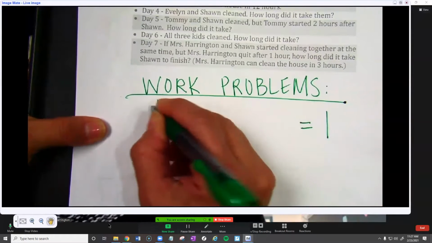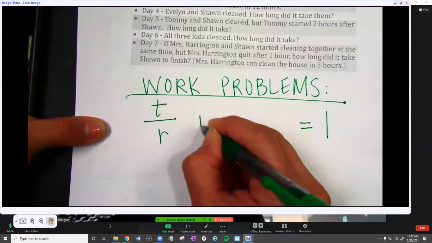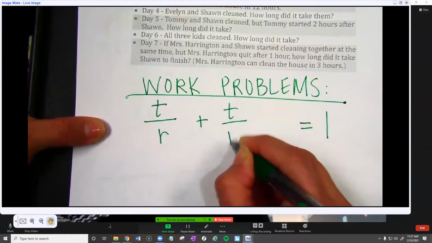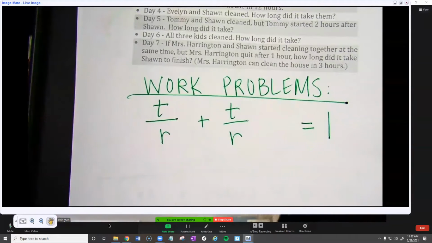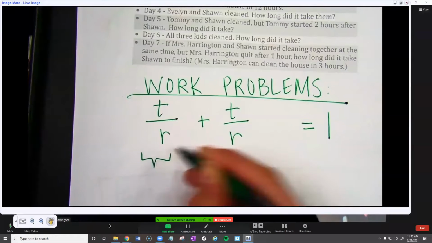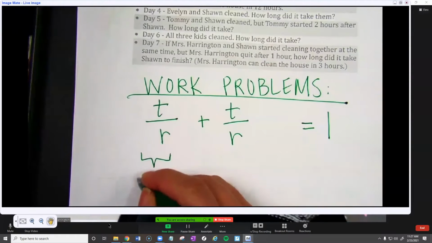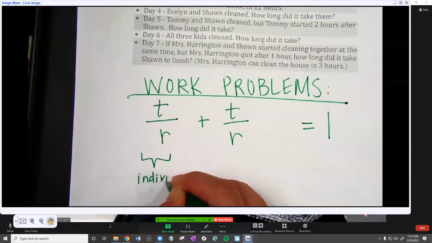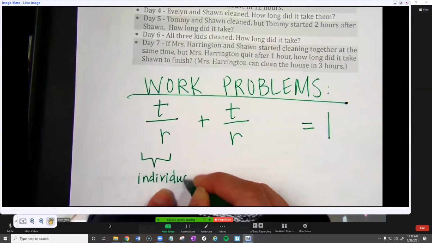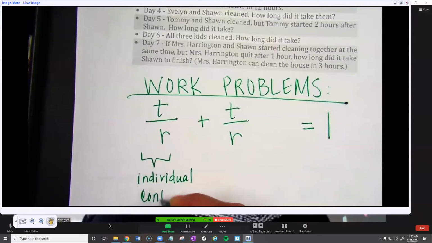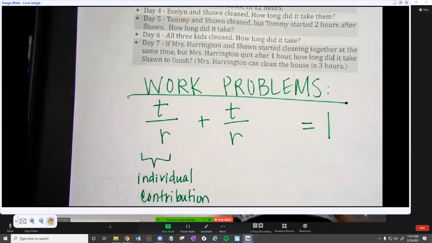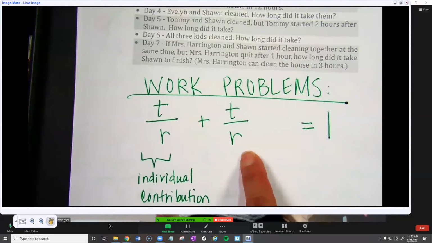And it is always T over R. It could be plus or minus. It's always that setup though. And what you need to remember, this T over R, that is an individual contribution. So that person gave that much effort of completion. This person gave that effort of completion.